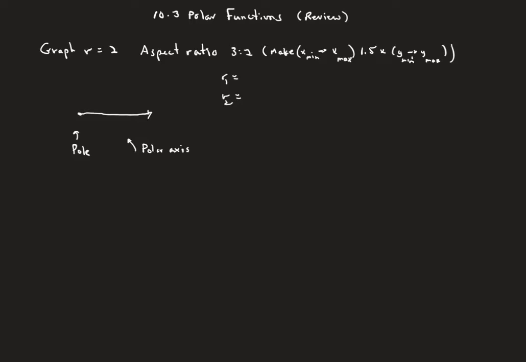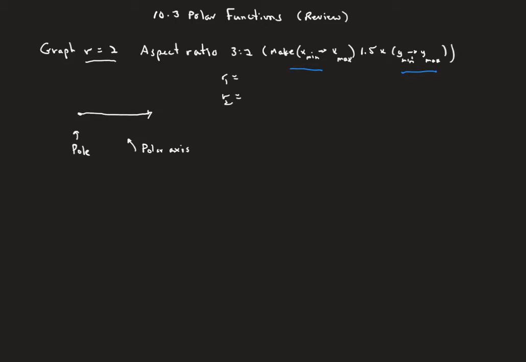So first, let's take a look at just r equals 2. Because the aspect ratio on your calculator is 3 to 2, that is, there's 3 times as many pixels horizontally as there is vertically, if you want something that should look like a circle to really look like a circle, you need to make your x-min and x-max be 1.5 times the difference between your y-min and y-max.